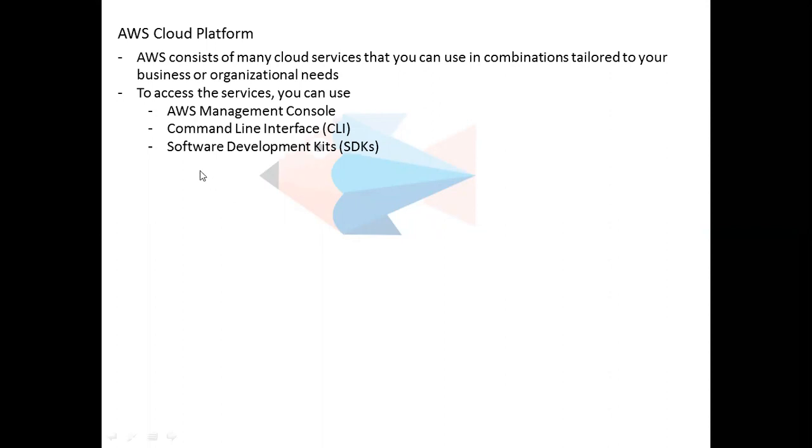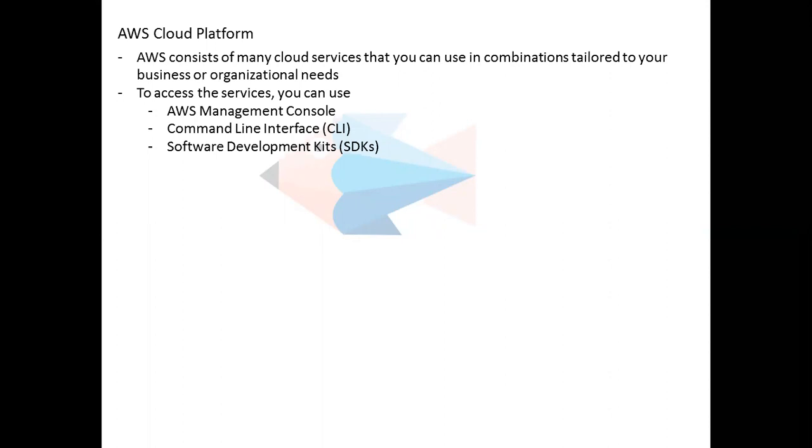Next, we have the command line, the CLI, where just as with a command prompt you can access folders and files, it's another way of accessing it. The same way in AWS. And we also have SDKs. SDKs are for when you are into any programming language, and you can use AWS services from it.